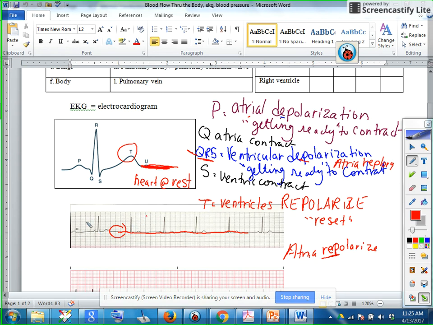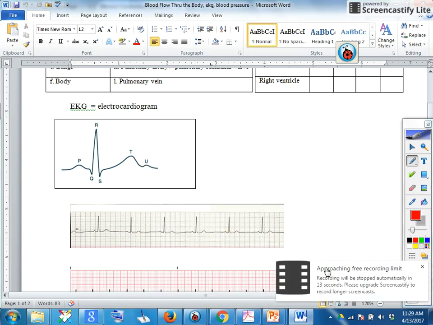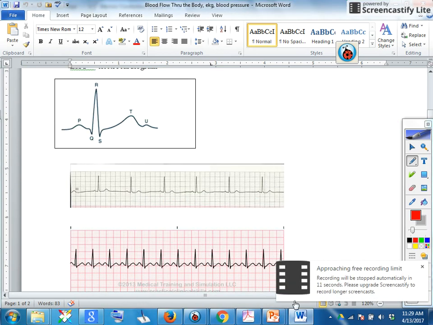EKGs go beep, beep, beep, beep. Okay, what do we call that? That's called flatline. What does that mean? That means that the heart's not working. The heart should pick up again and do the atria thing. But in the case of flatline, that doesn't happen. So you need to make changes to make that heart start. Okay. We'll look at abnormal and normal EKGs in the next video.